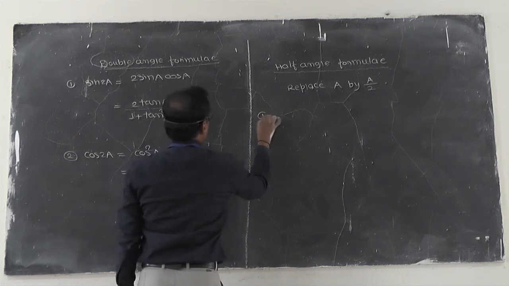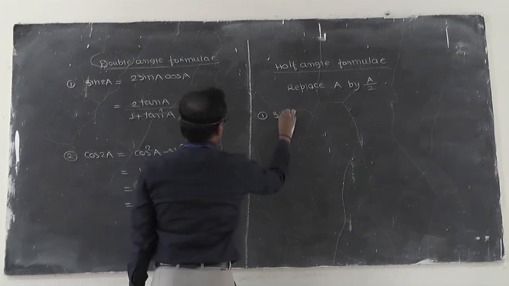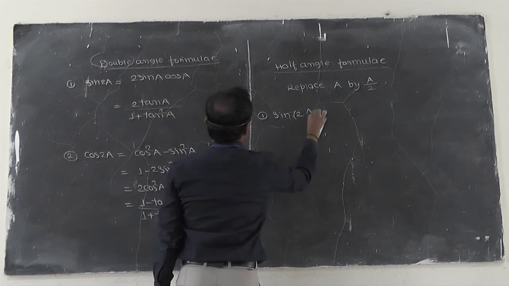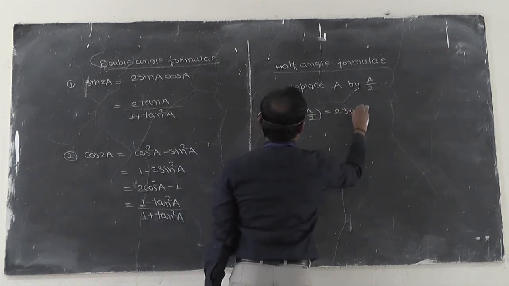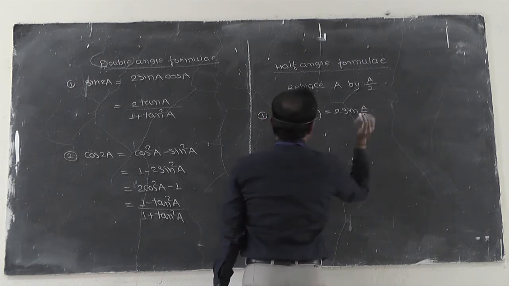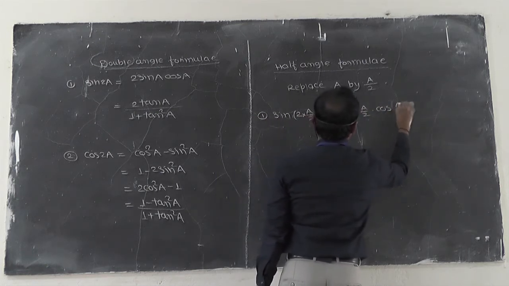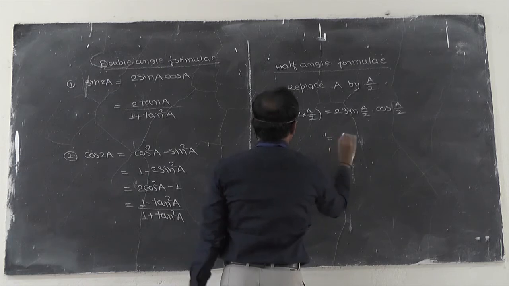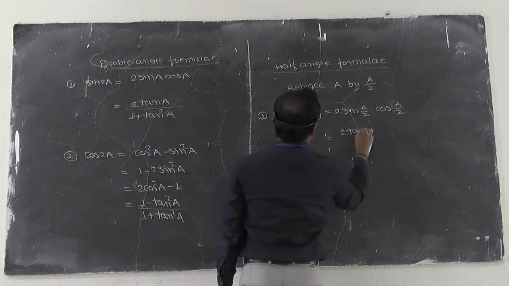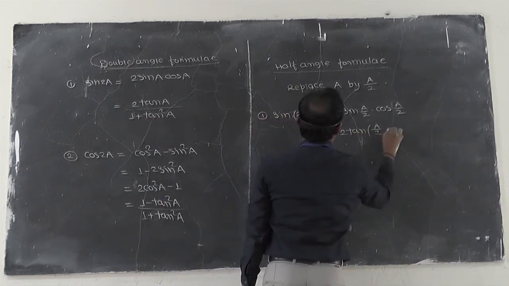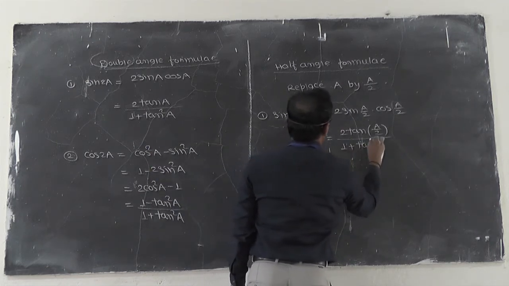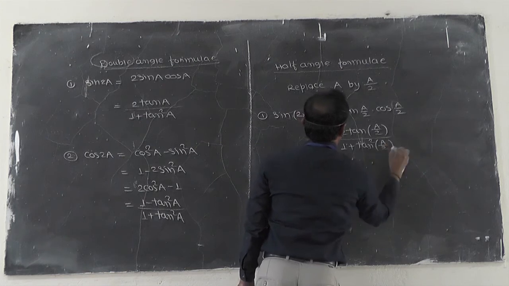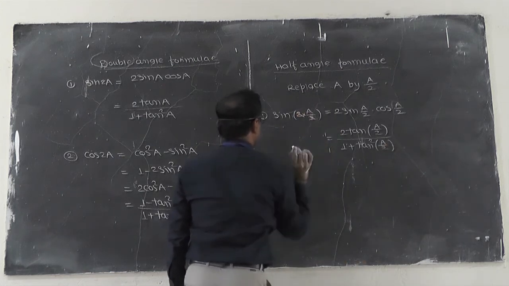How does this formula convert? First, it is sine 2 into a by 2. It is equal to 2 sine a by 2 into cos a by 2. It is equal to 2 tan a by 2 upon 1 plus tan square a upon 2. These two and these two get cancelled.